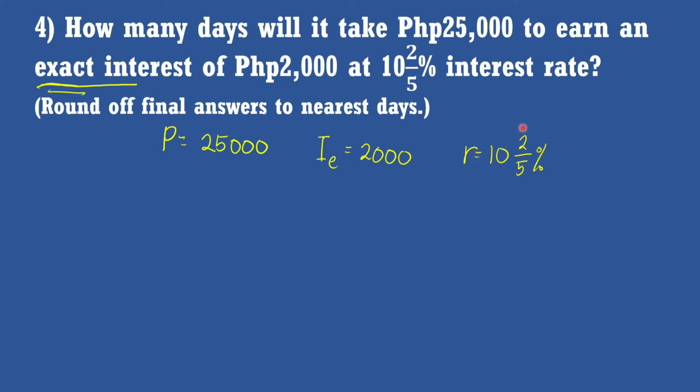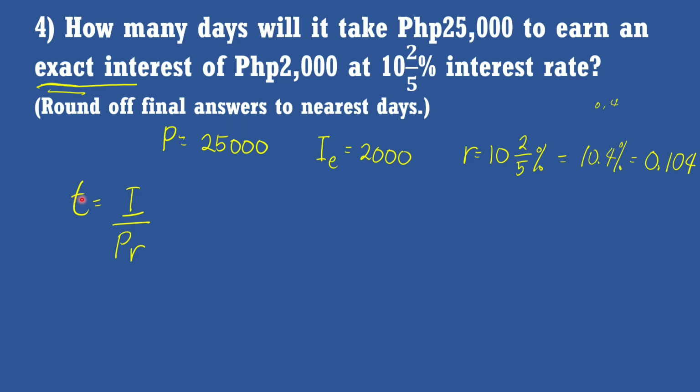So, that's 0.4. 0.4 is equivalent to 2 over 5, you add it to 10, so that would be 10.4%, which is equivalent to 0.104 in decimal form. Okay, so our time is being asked. Again, the time is equal to I over PR. But if it is in years.